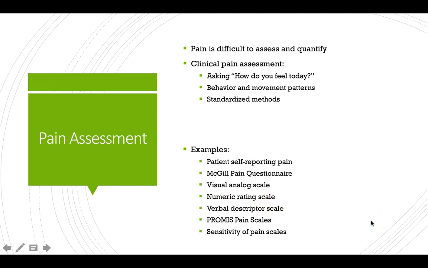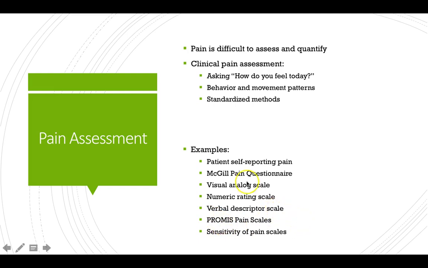From a scale of 1 to 10, 10 being the worst pain you've ever experienced, what would you call this? That's very unidimensional. The multidimensional ones are when we get into things like the McGill Pain Questionnaire, which your book has some good examples on, and the PROMIS, which is the Patient-Reported Outcomes Measurement Information System.